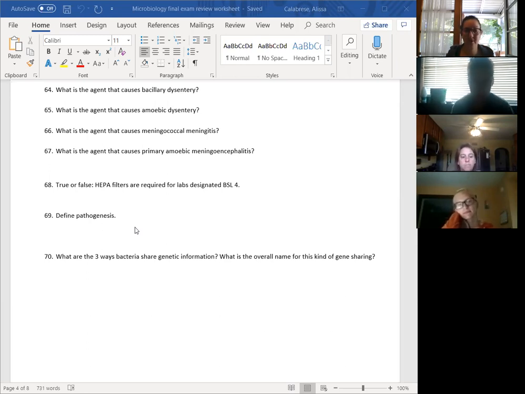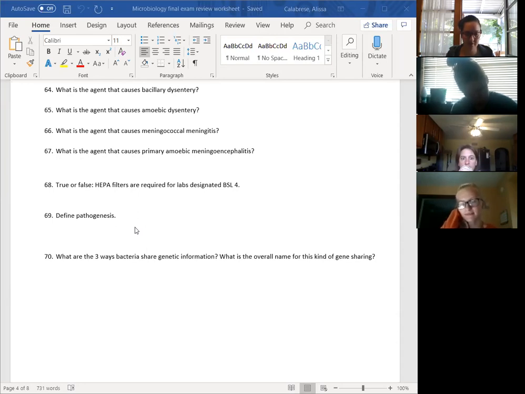So they'll use horizontal gene transfer. And there are 3 different types of horizontal gene transfer. What are those? Transformation, transduction, and conjugation.